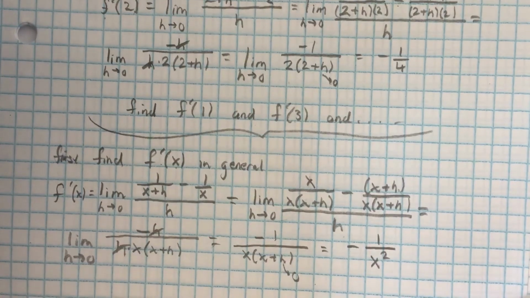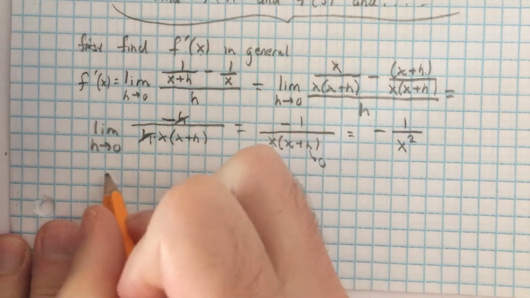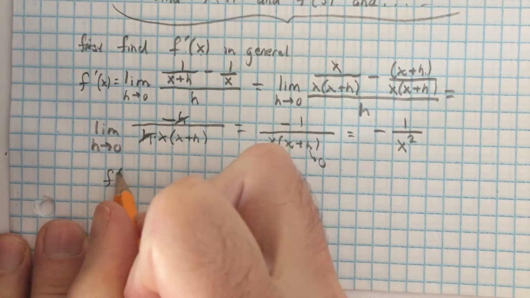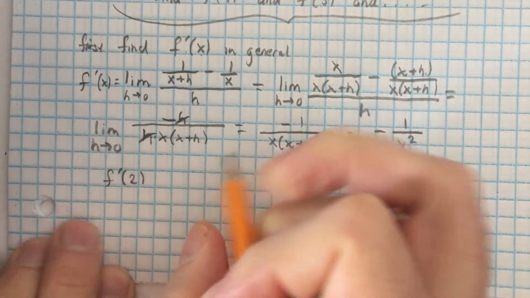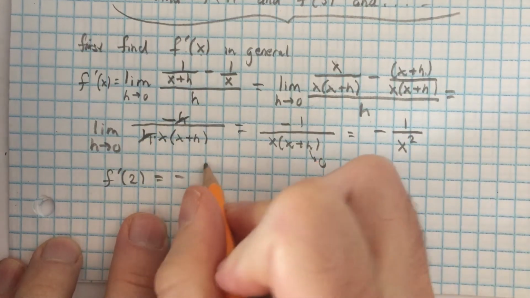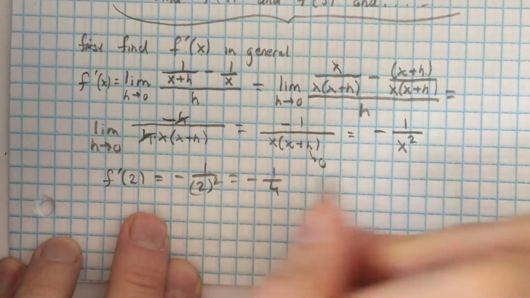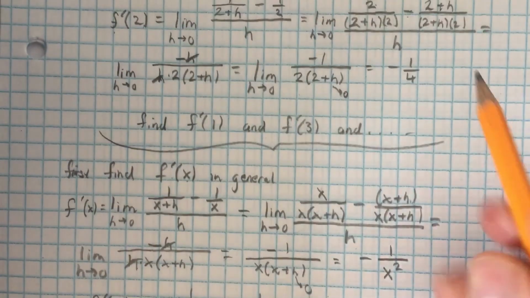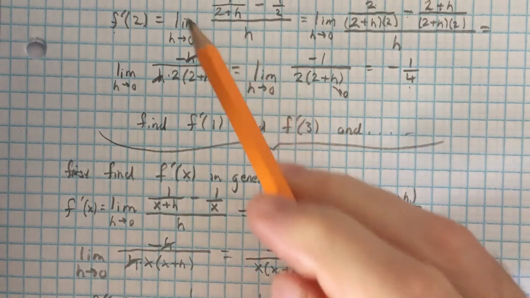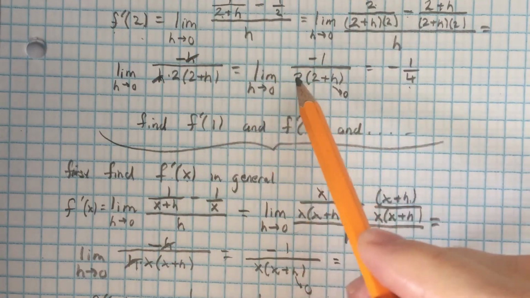So now, whatever I want to find, in our example it was f prime at 2, I can now just plug the number 2 into this derivative function. So negative 1 on 2 squared is, of course, negative 1/4, which was the same thing we had before when we had the 2 plugged in for the variable throughout the entire problem.